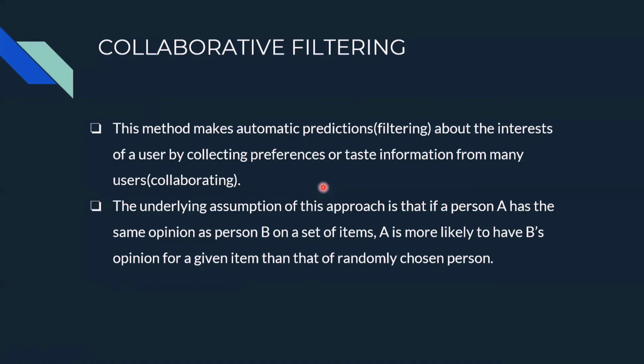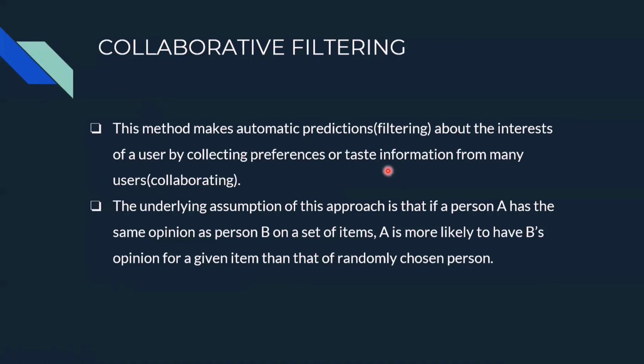For example, if person A has the same opinion as person B on some set of items, then person A is more likely to share person B's opinion on a given new item than that of a randomly chosen person.